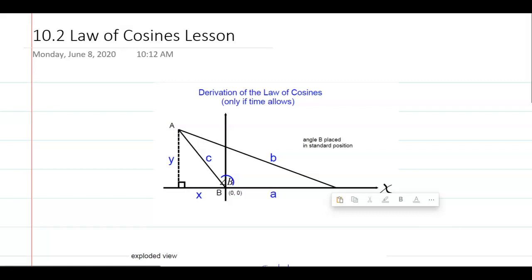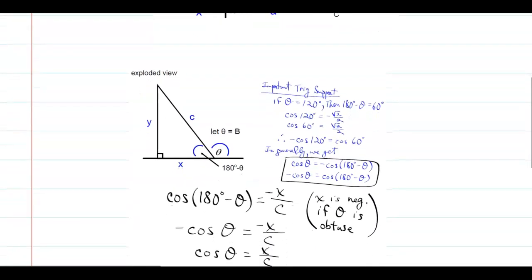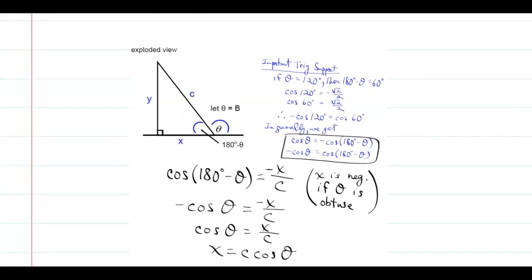It all began with an oblique triangle. The dotted line is a height. It's brought down. It's a perpendicular to the x-axis here. And I believe this proof involves some identities. It involves figuring out some trig values at one point, maybe.